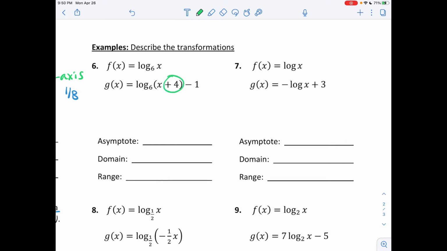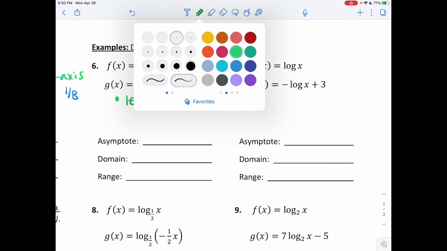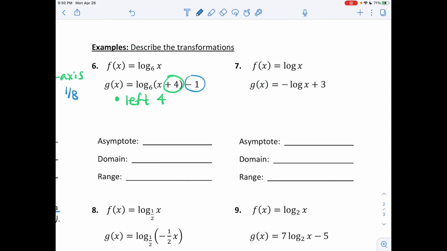I see a plus 4 inside the parentheses with x. Remember that inside is always going to affect our horizontal values, and this is going to move us left by 4. The opposite of what you'd think. Positive is left. I have a -1 tacked on the end. A -1 is down 1.